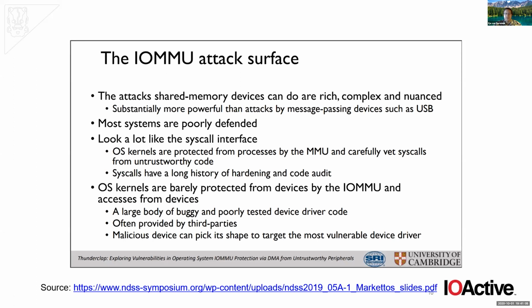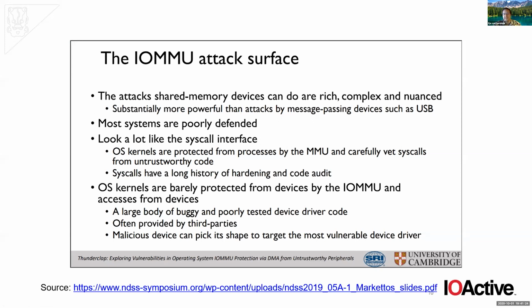This is a slide from a presentation that was done last year on an attack called Thunderclap by some folks at the University of Cambridge. I wanted to have this particular slide in here because it so succinctly captures what we're going to describe in the next couple of slides.